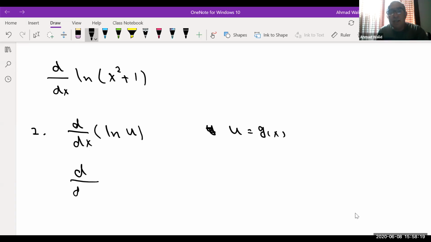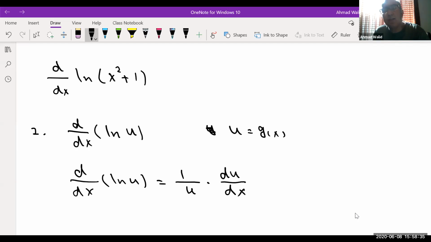D over dx of ln u equals 1 over u times du dx. Do not forget to multiply it with the derivative of inside. We use this one actually a lot.